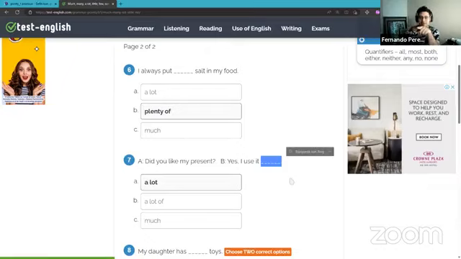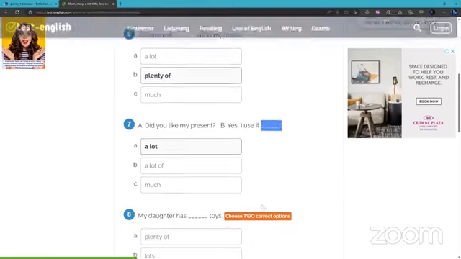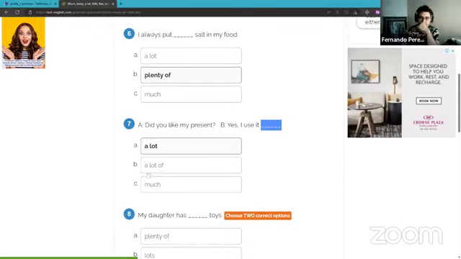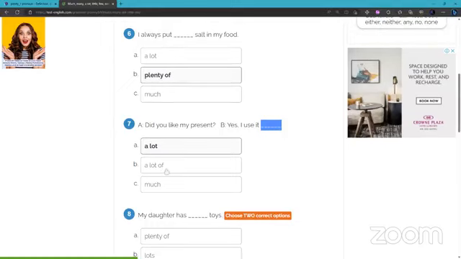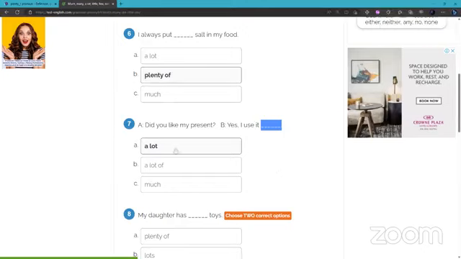Do you see the difference between these two, Benji? A lot and a lot of? Yeah, I think when we use a lot of, it's because of is like a connector, you know. Exactly. Without of, we don't use a connector.